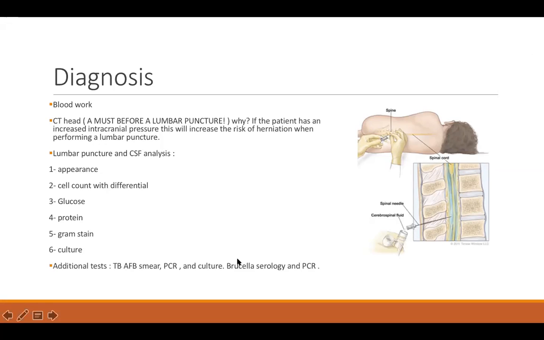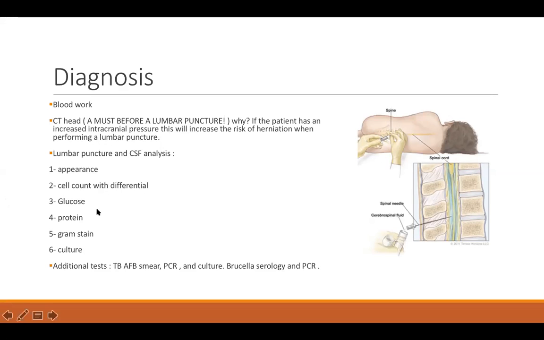Okay, so the first thing you want to see is the appearance of the fluid. The normal appearance of cerebrospinal fluid is clear, like water. Okay? If it's turbid, if it's showing any pus, then this is highly suggestive of bacterial infection. Then you want to look at the cell count with differential. Differential is very important.